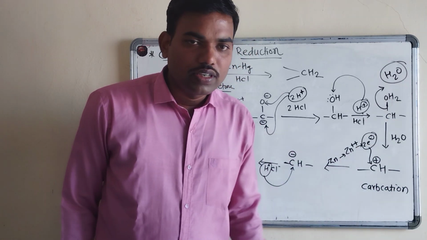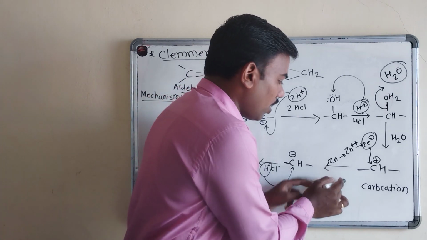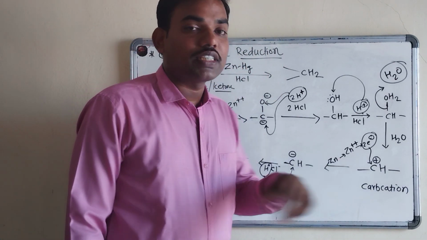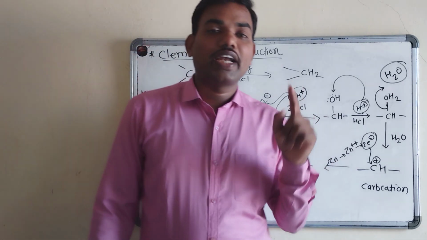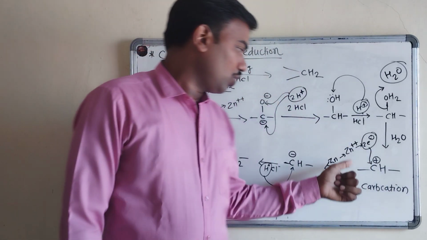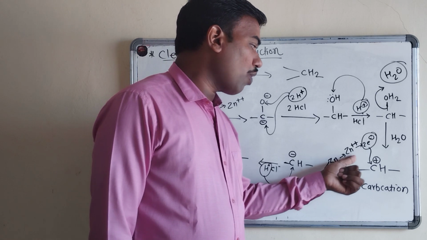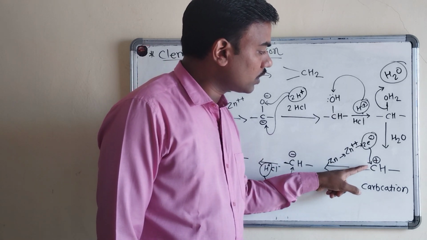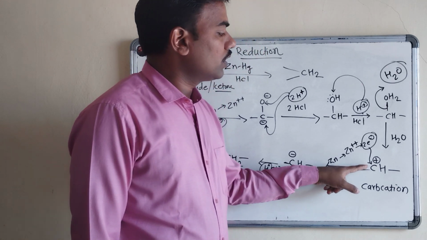After that, see, once again zinc comes into the picture. Zinc is dissociated in the form of Zn++. So 2 electrons from this zinc are transferred towards this carbon.